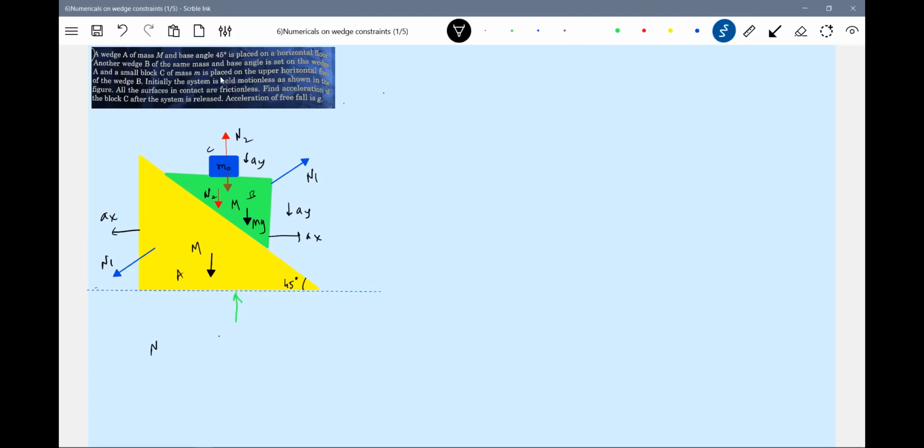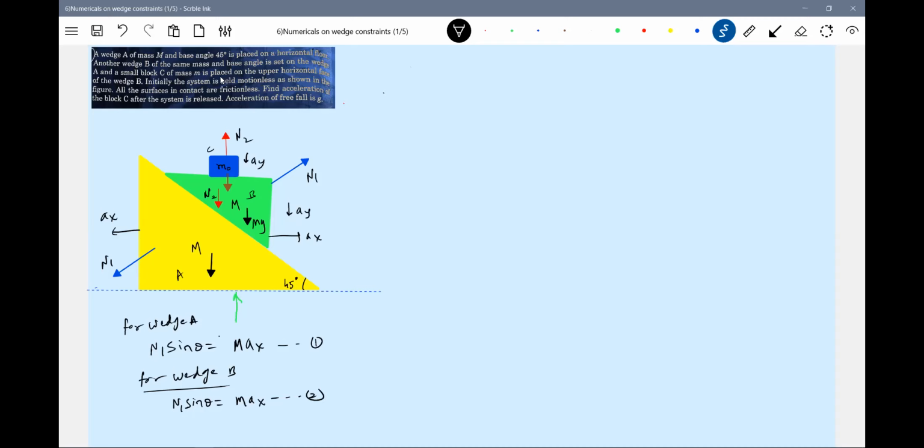So N1 sin theta is equal to max on the wedge A. Similarly for the wedge B, N1 sin theta is equal to max.